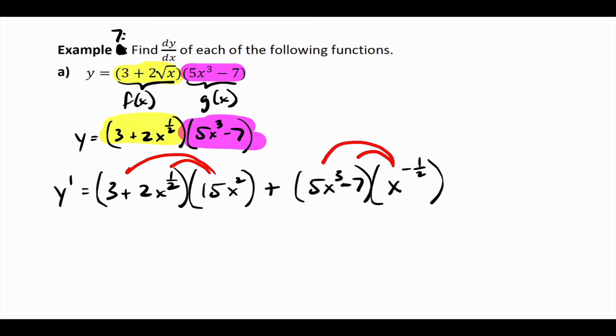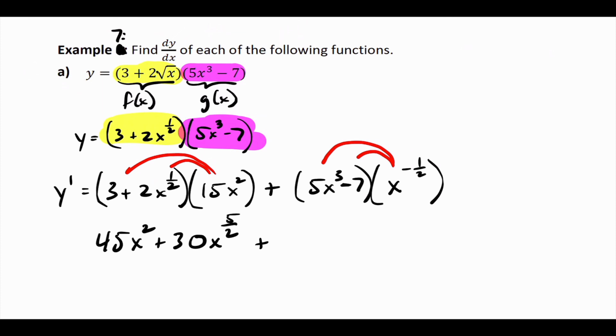Okay. So I have 45x squared plus 30x. If I'm multiplying, what do I do with the powers? Add them. You don't multiply them, you add them. So 2 plus 1/2 is 2 1/2, or 5/2.